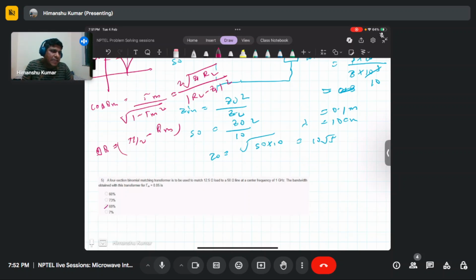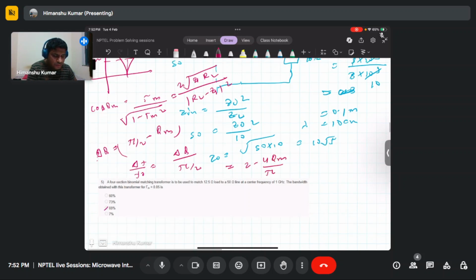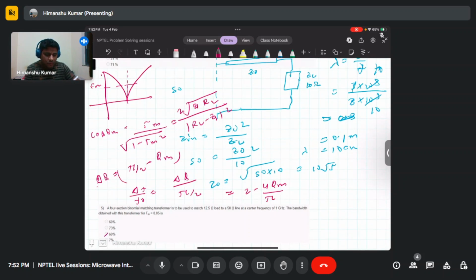Now the fractional bandwidth delta f by f naught is delta theta by pi by 2. At the center it is pi by 2, and this will become 2 minus 4 times theta m divided by pi. So this problem boils down to calculating this. We know Z1, so with this expression we can get the value of Z0 or Z1, and RL we know and the other expressions we know.